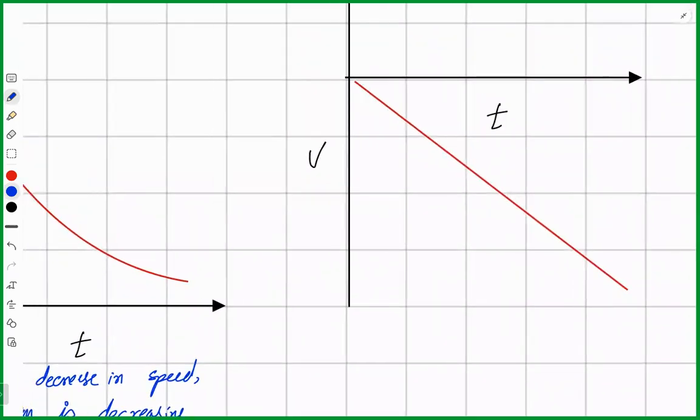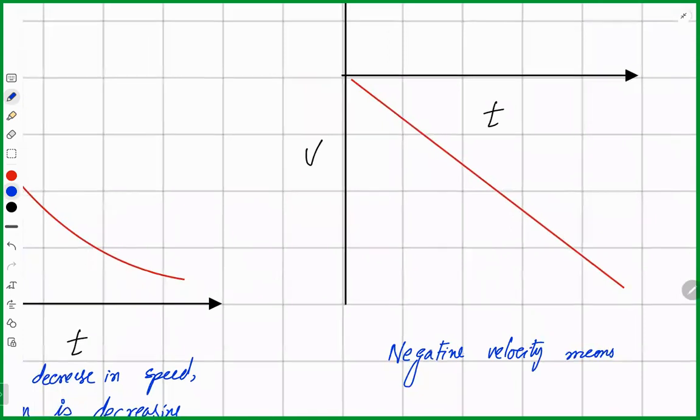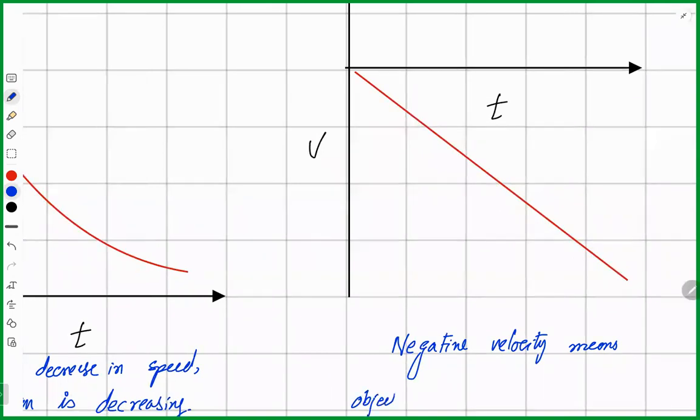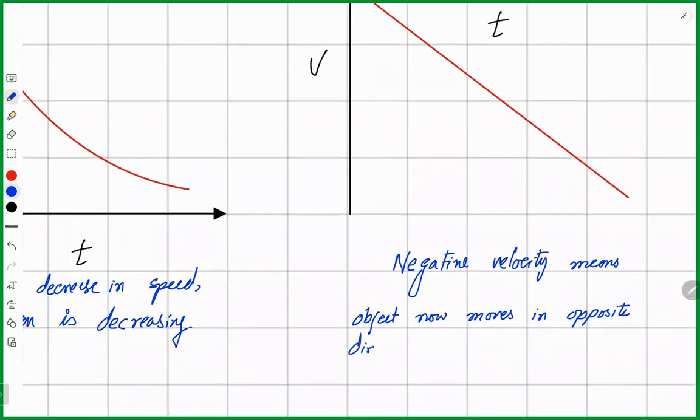Now, negative velocity means the object now moves in the opposite direction than the initial positive direction.